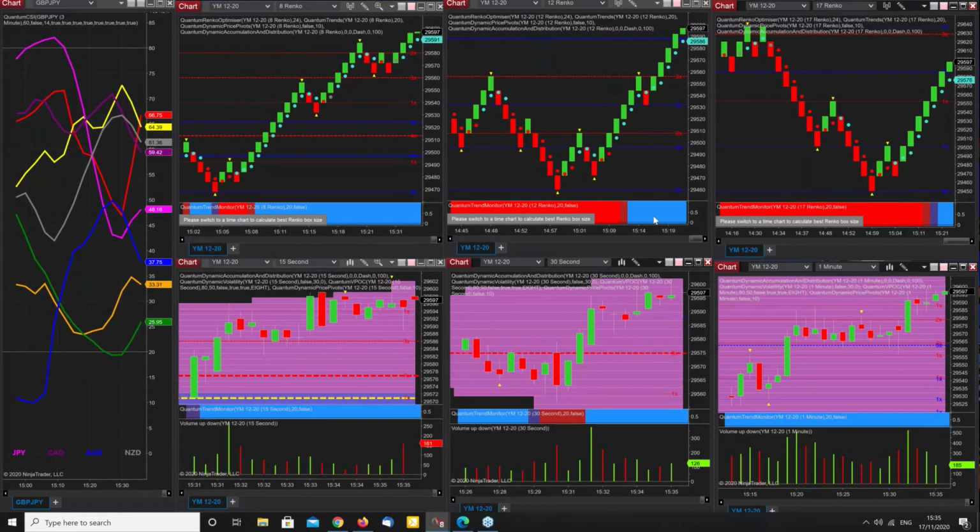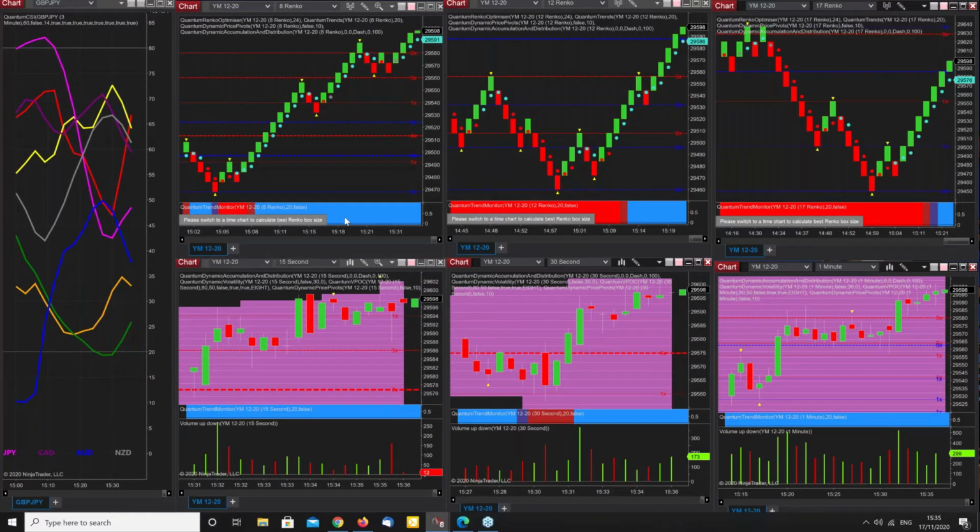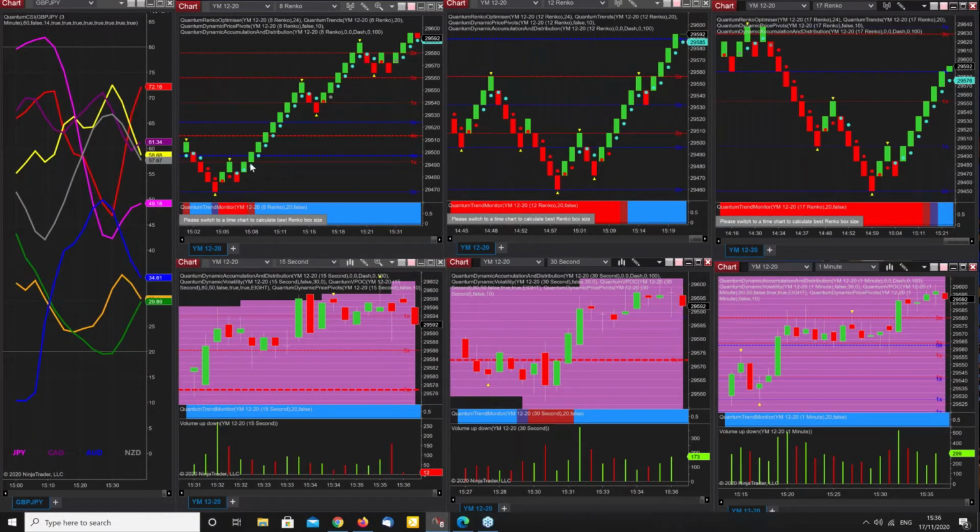It's also transitioned over here on our 12, on the 30-second, and it's starting to appear now over on our 17. If you're holding this trend, this is what you want to see. You want to see this trend moving through, both in terms of the trend dots, which are very close to the price action. You can see here they start to change color because they work very close to the price action.